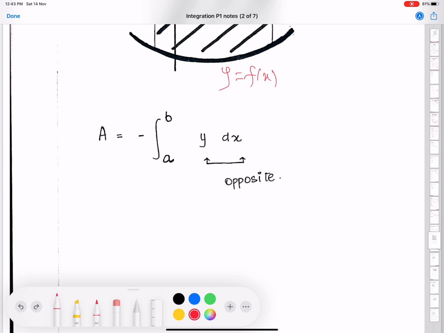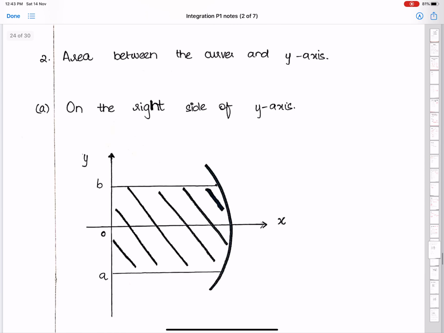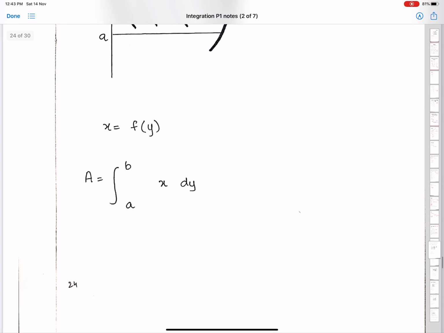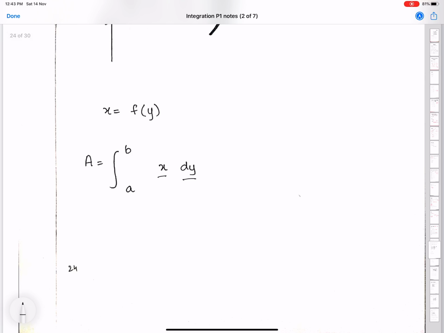So make sure you always write the negative sign before the sign of integral whenever the curve is below the x-axis. Area between the curve and y-axis, this is very simple. When the curve is on the right side of the y-axis, this is the equation of the curve. So you just need to use the same formula, but you need to change the positions of x and y. X must be here and dy must be here. Why is dy here? Because the area is bounded between the curve and the y-axis.